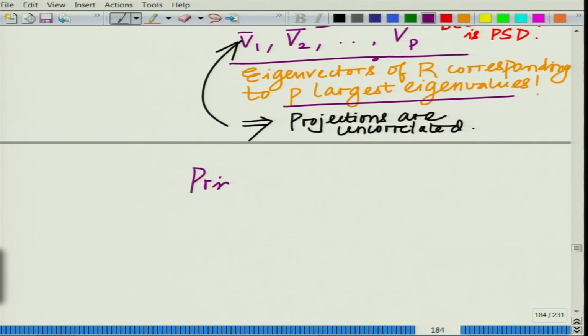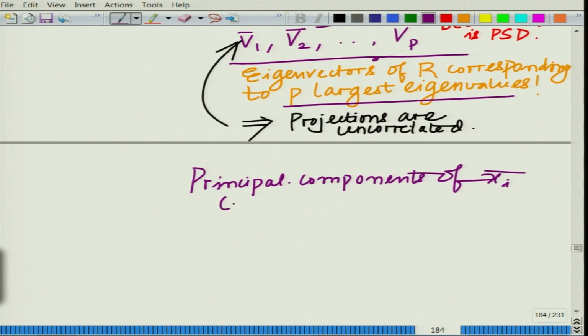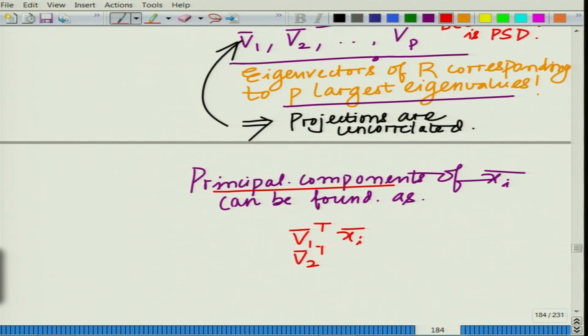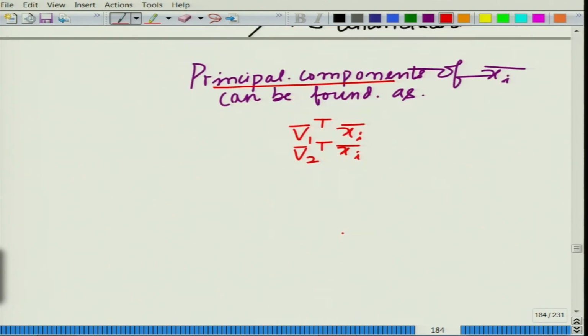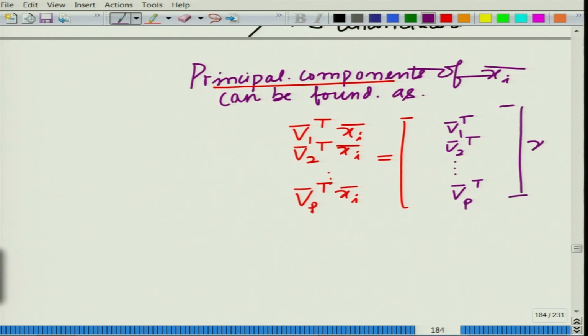The principal components of xi bar can be found as V1 bar transpose xi bar, V2 bar transpose xi bar, and so on, Vp bar transpose xi bar, which we can write in compact form as the matrix with rows V1 bar transpose, V2 bar transpose, Vp bar transpose, times xi bar.